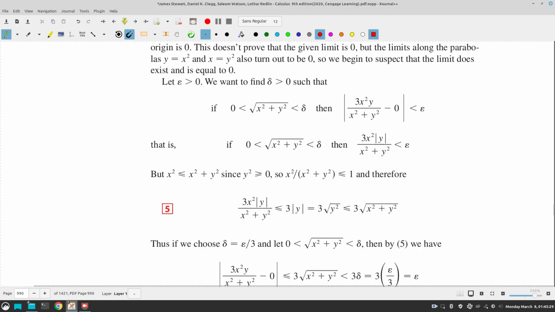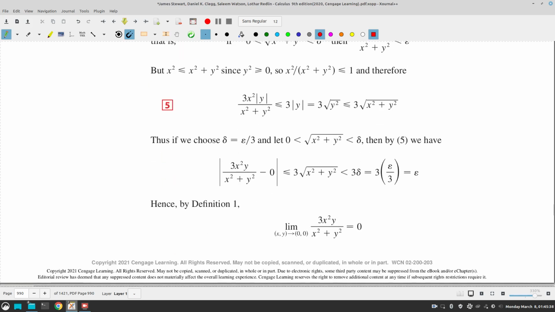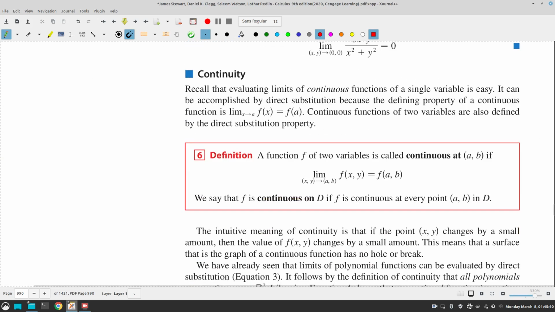Okay, so the next thing we're going to do is use the squeeze theorem to evaluate limits. What does the squeeze theorem tell you?